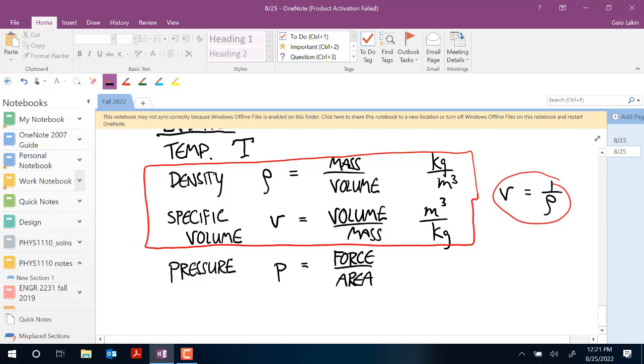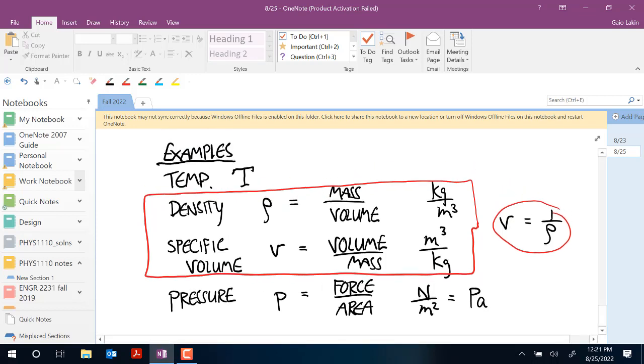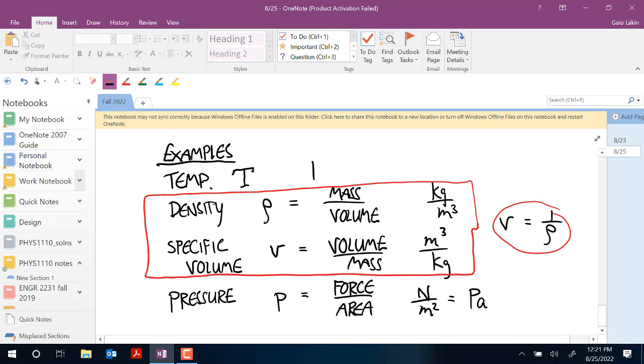And we're going to talk a little bit about what you know if you know the pressure later on today. That has SI units of newtons per meter squared, and that's pascals. Temperature, I didn't give the units. SI units for temperature are Kelvin.